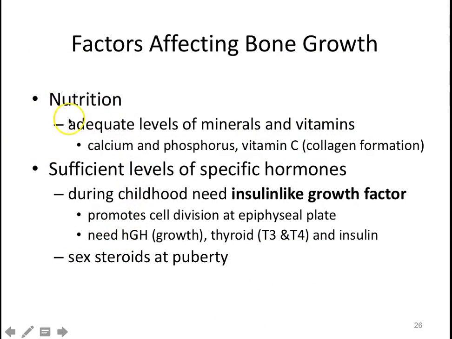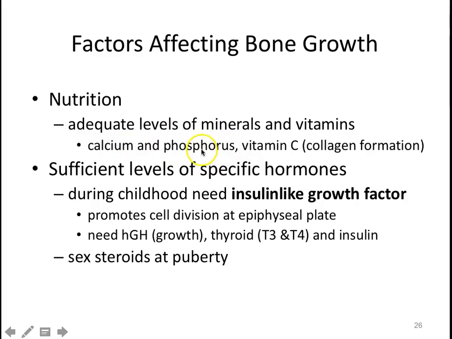Right? Different things are going to affect your bone growth. So, for example, obviously calcium amounts. Right? We saw rickets in the previous topic in the integumentary system, right? So calcium is going to be really important. If you can't absorb calcium or you don't have enough in your diet, you can't make enough bone.